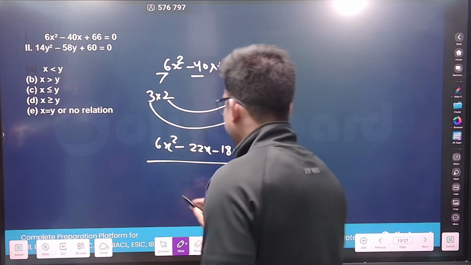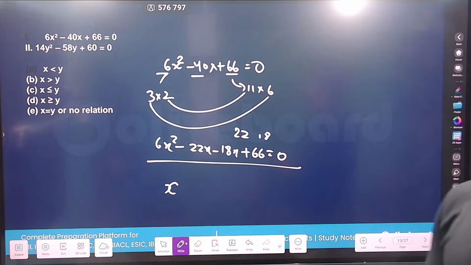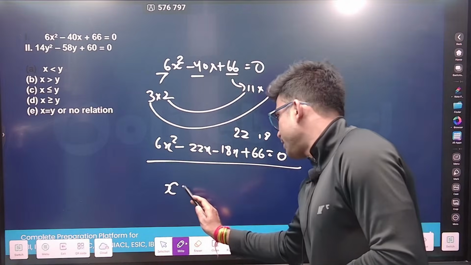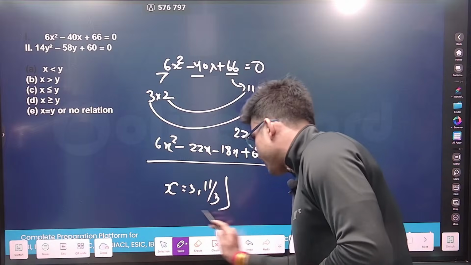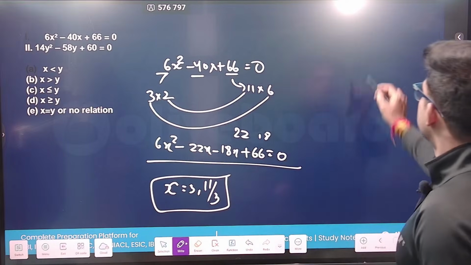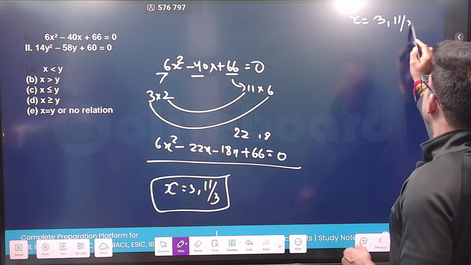For the roots, what is the value of x now? Pooja, say fast. First value is 3 and the other is 11 by 3. Am I right? X value is 3 and then 11 by 3.